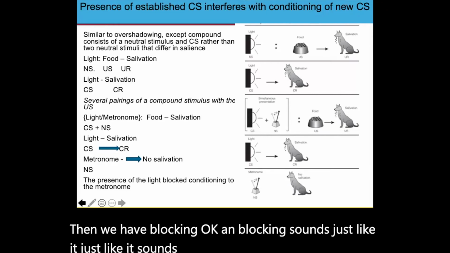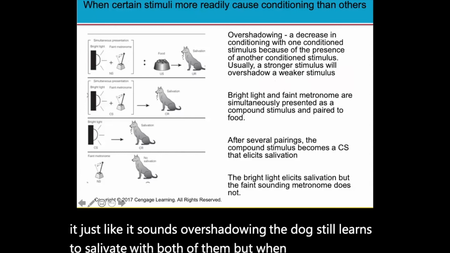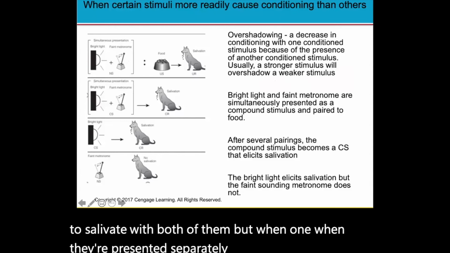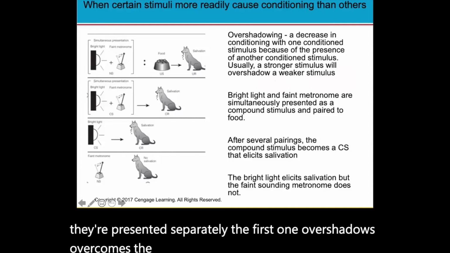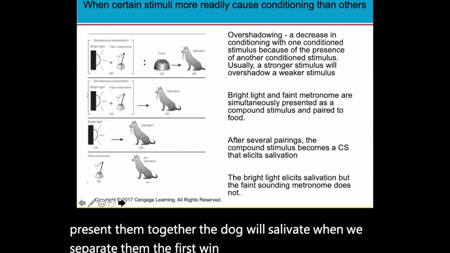In overshadowing, the dog still learns to salivate with both of them, but when they're presented separately, the first one overcomes the second one. But if we go back and present them together, the dog will salivate. When we separate them, the first one overshadows the second one.